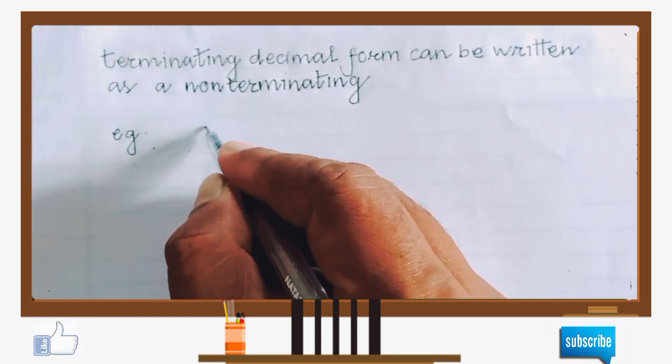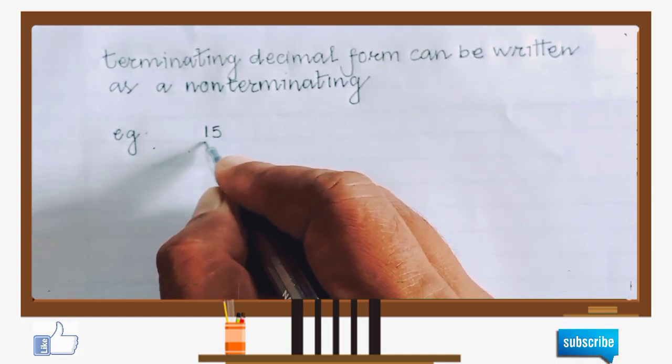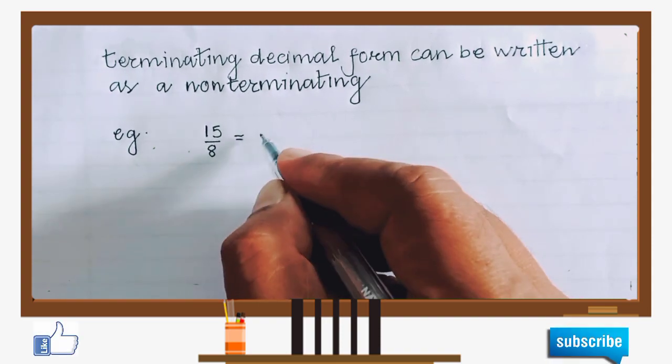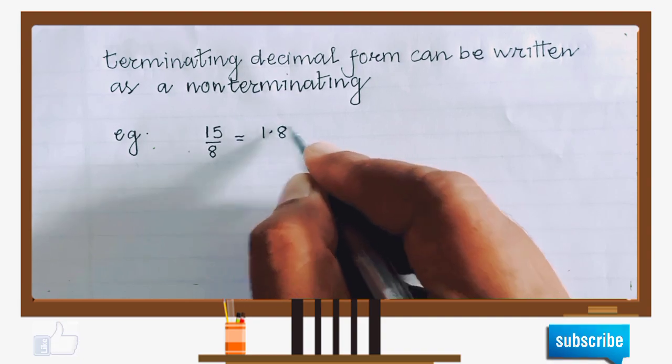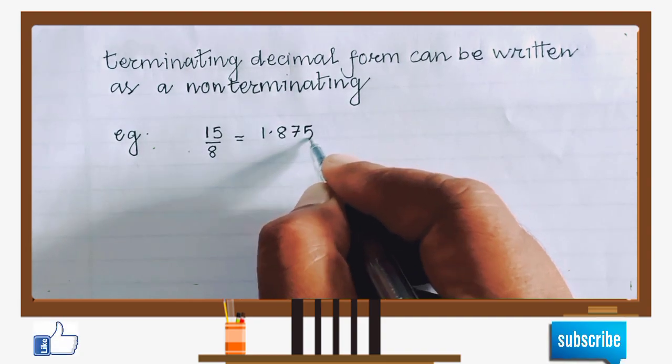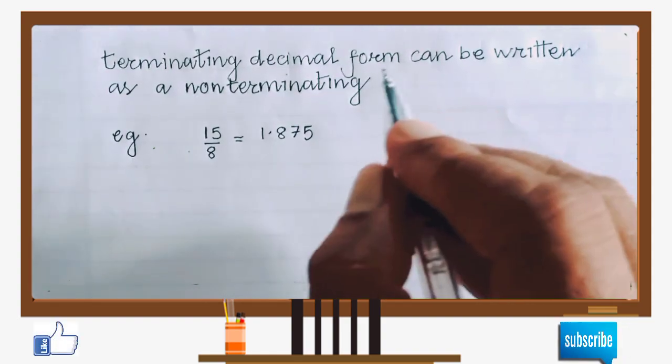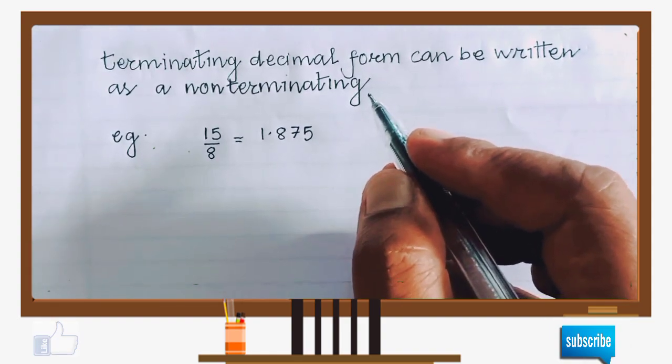We have taken here 15/8, and our answer is 1.875. Here the remainder is 0, which means your process of division stops.